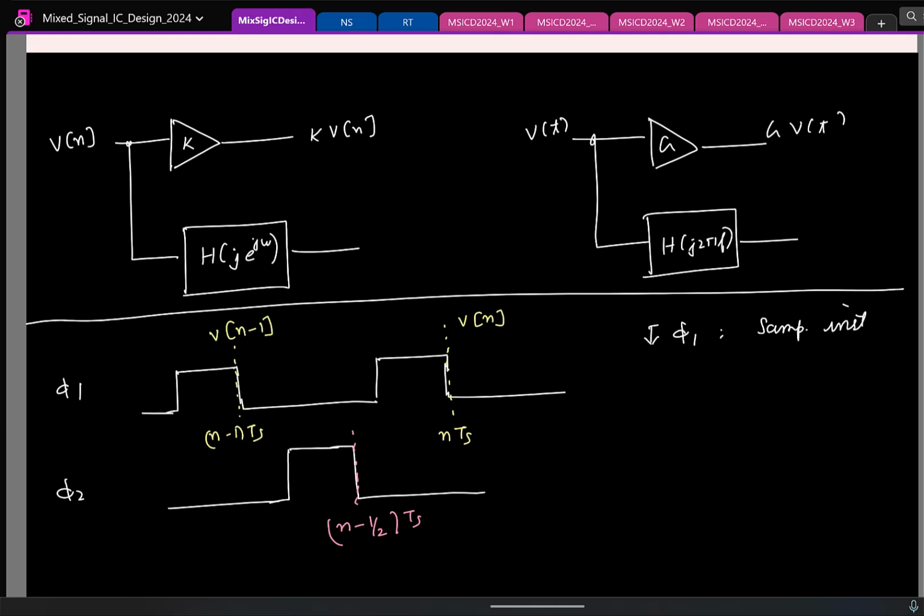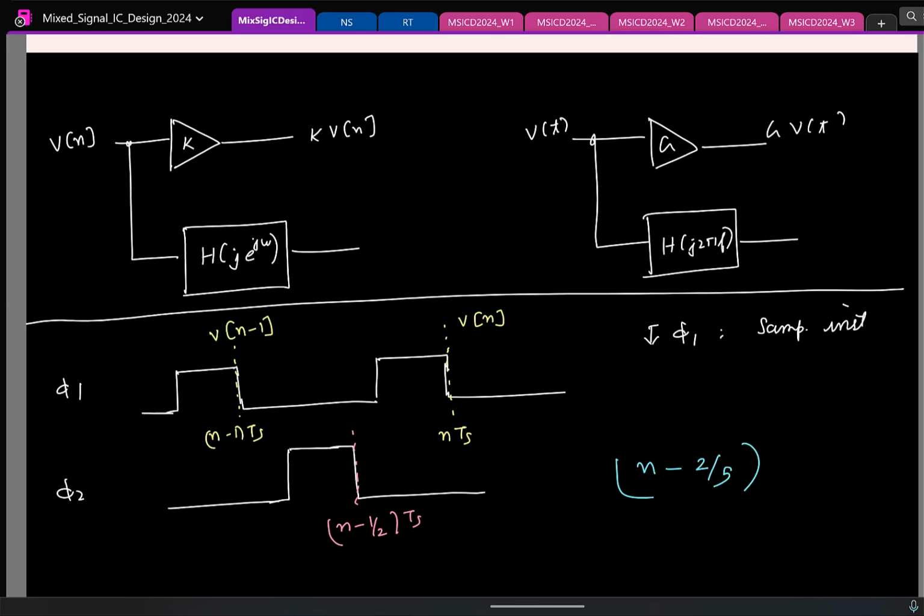When I say it's n minus 1 by half, it means that I am looking at the signal sampled in the previous clock phase, not the previous clock cycle. In practice I can have multiple clock phases. If I say that I am looking at n minus 2 by 5, it means that I have a total of 5 clock phases and I am looking at the signal sampled 2 clock phases before.